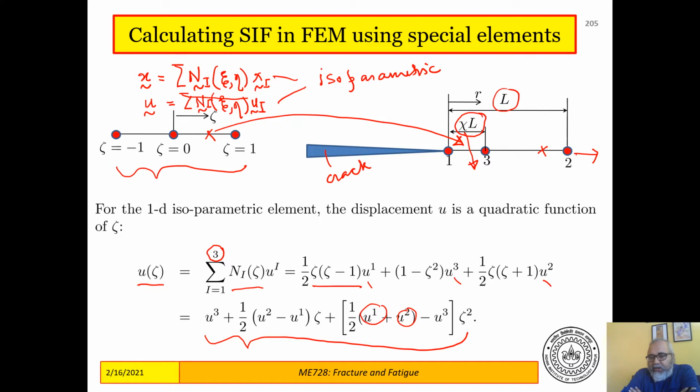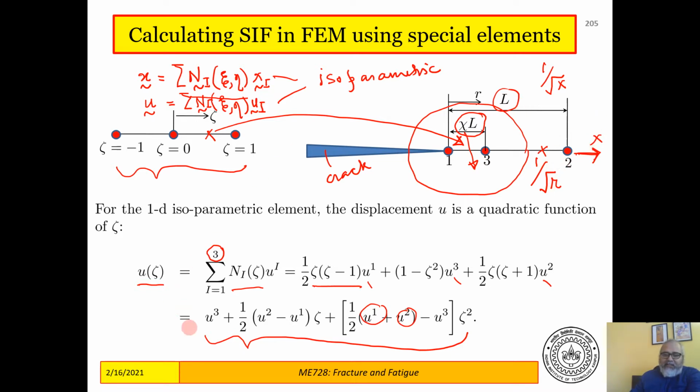The point to note here is that the stresses do not necessarily contain the 1 by square root x terms that are needed in order to approximate the state of stress that prevails here. We know that the state of stress that prevails here would go as 1 by root r, which along this direction would go as 1 by root x.